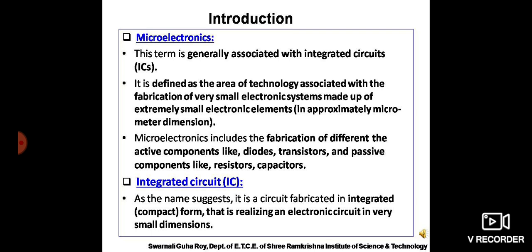In this case also, for an integrated circuit, we want to make a very complicated or complex circuit in a miniaturized, small form, in extremely small dimensions.